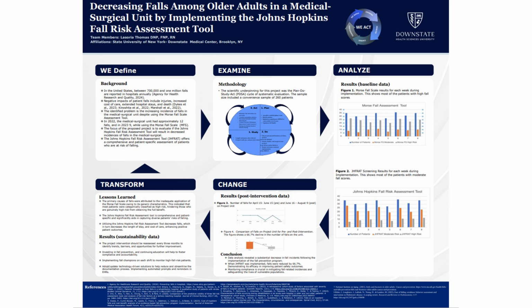And so we realized there was an opportunity that we can pilot this new fall tool, which is the Johns Hopkins, which is more patient-specific, and it takes the guesswork out of assessing if your patient is really at risk for falls. We implemented the project on Nursing Station 61 for 2 months, and we had a 66.7% decrease in falls.